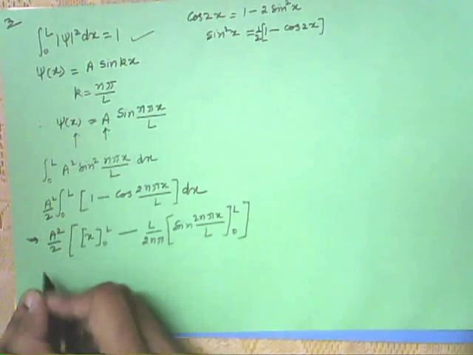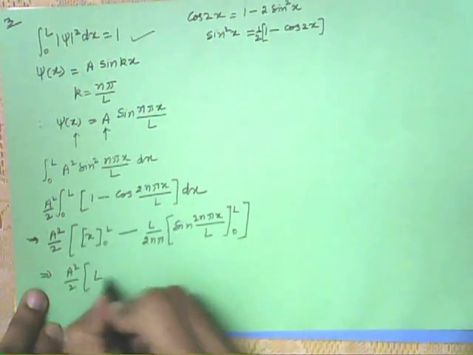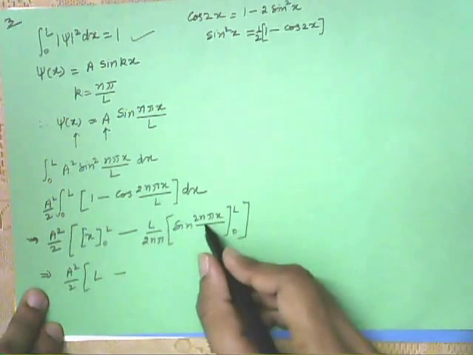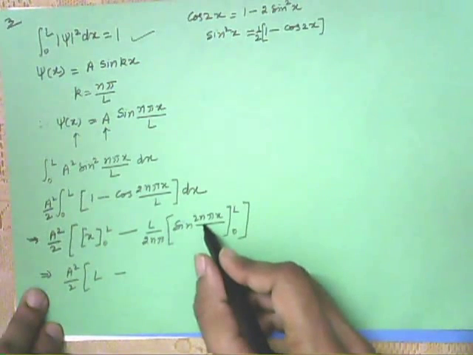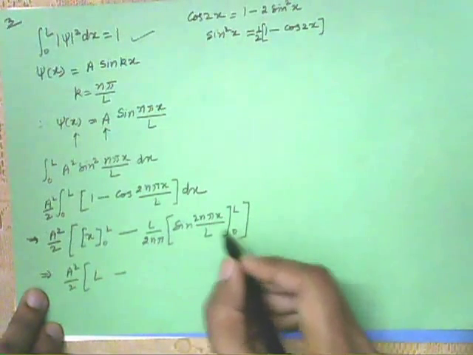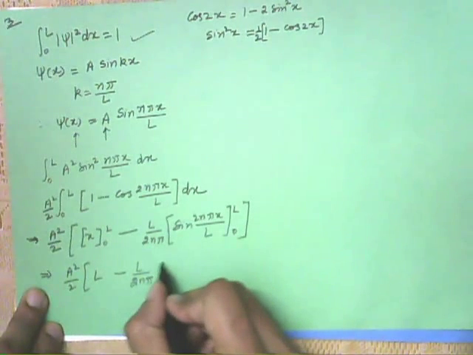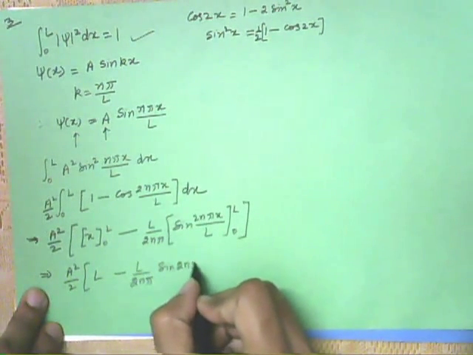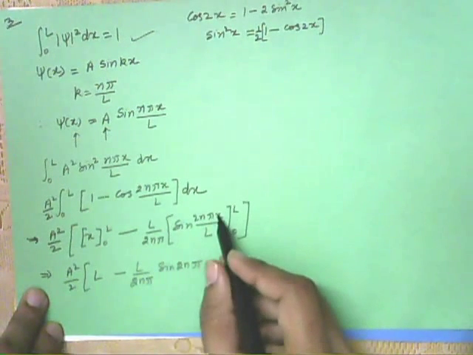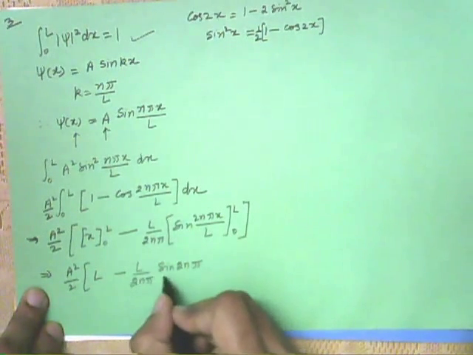So the result will be a square upon 2, this is L minus 0, L minus L upon 2 n pi sine 2 n pi x upon L. This will be sine 2 n pi L upon L, that becomes sine 2 n pi, and in the second case, x is 0, it becomes sine 0, which is equal to 0.